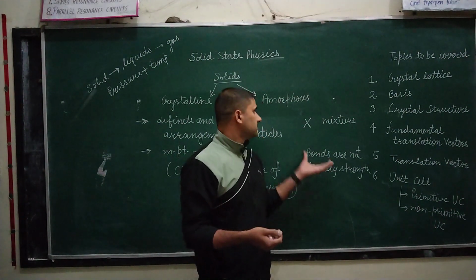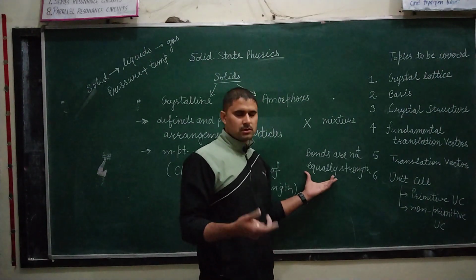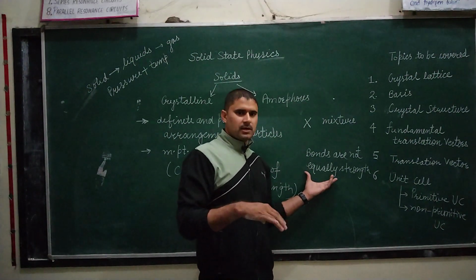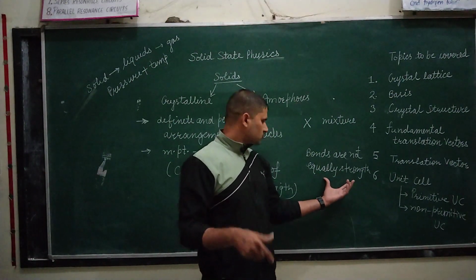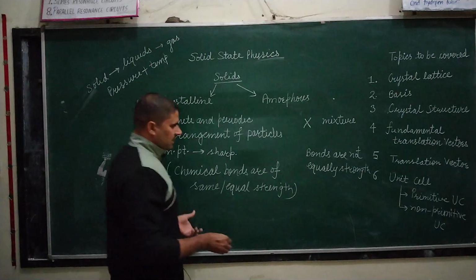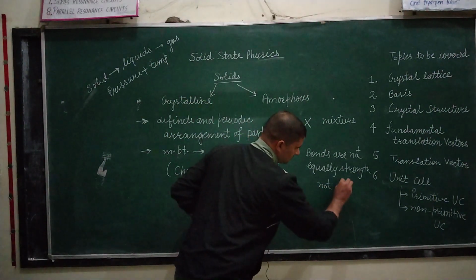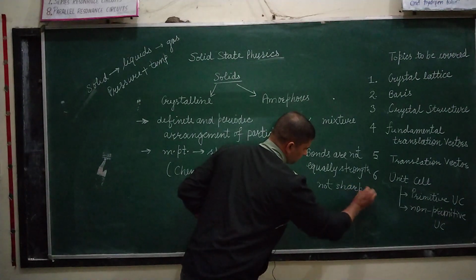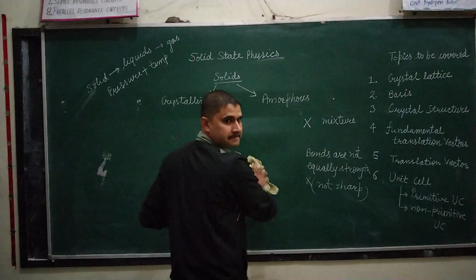So if you heat up an amorphous solid, the weaker bonds will break down initially and then the stronger bonds will break down. It means the melting point in this case will not be sharp. Here the melting point is not sharp.